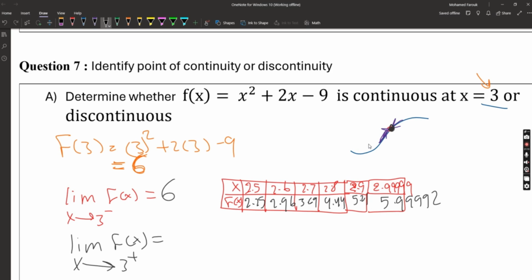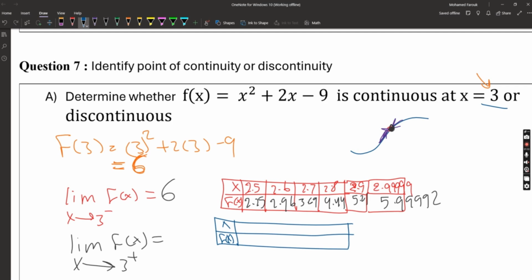Okay, this time we can just make a shortcut for our steps. We will make our table, this is x and f of x.